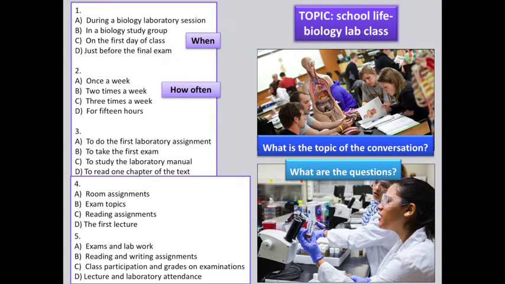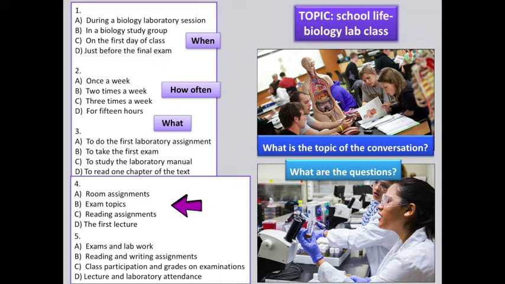often question. Number 3. These answers all start with an action: to do, to take, to study, to read. So number 3 is probably a what question. Number 4.